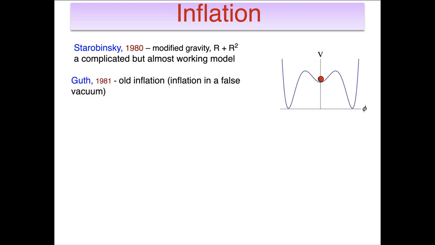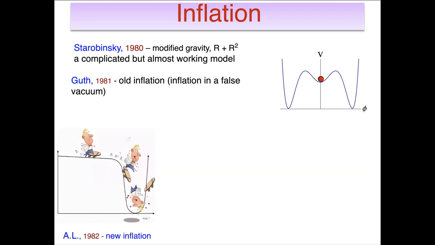Then there was this model by Alan Guth. He was just slightly later, and he had admitted that it did not work. And then eventually I improved this model, considering situations where the scalar field, which drives inflation, moves slowly. I will explain about this scalar field. And if you want to know more about the history, how exactly this happened, that's a fun story, and I can tell you many fun stories related to inflation if you are interested.